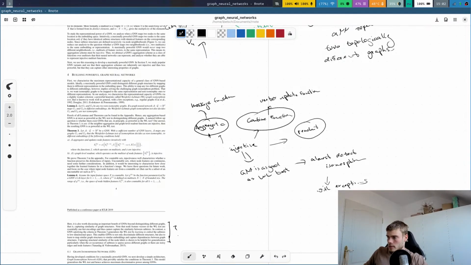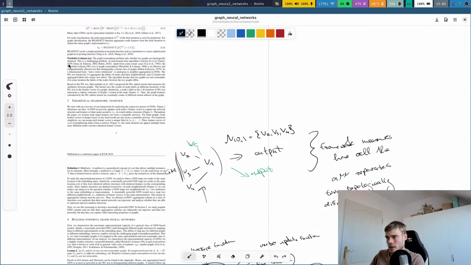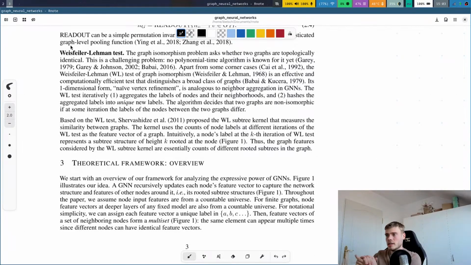Then the GNN is as good as the Weisfeiler-Lehman test. And the Weisfeiler-Lehman test tests whether two graphs are isomorphic. That is, whether their structure is the same.